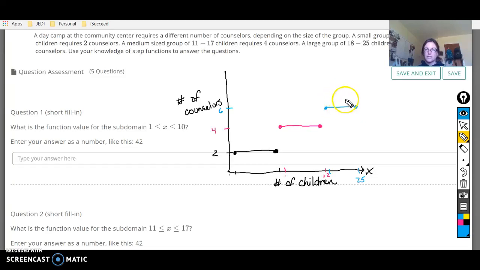Let's see, 11 to 17 is 7. 18 to 25 actually includes 18, so that is going to be 8: 18, 19, 20, 21, 22, 23, 24, 25.